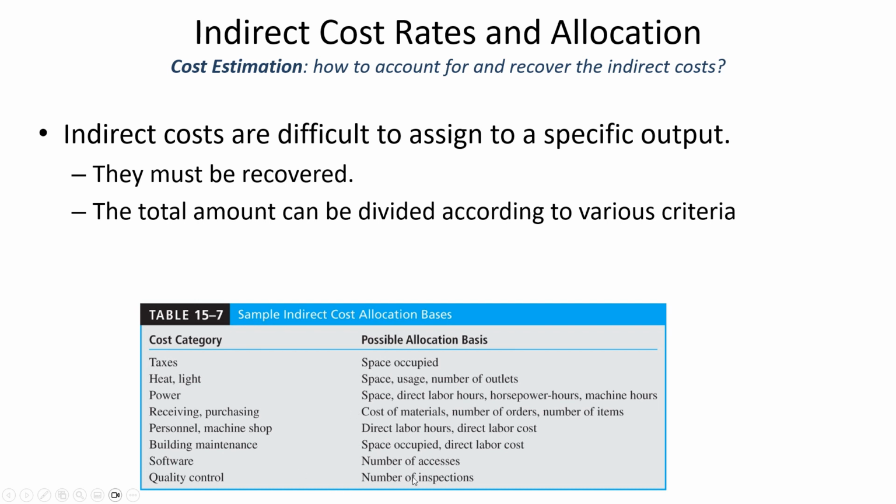And so if it's related to accessing, then it could be maybe that the College of Arts and Media has a higher lab fee than students in the College of Education who don't use the same expensive software. So ways to recover those costs should in general be related to how the costs are incurred, if you can draw a relationship to it. It may not be on a per unit basis, but you do know generally some measure of who's using a certain thing and generating the associated cost.